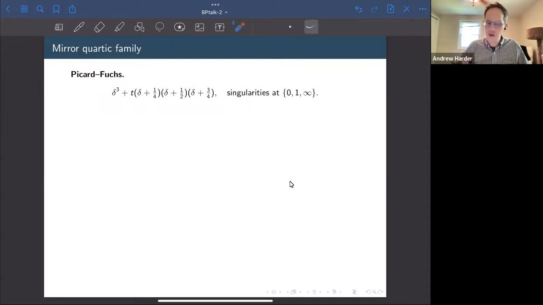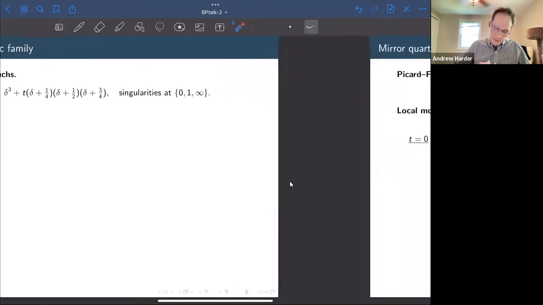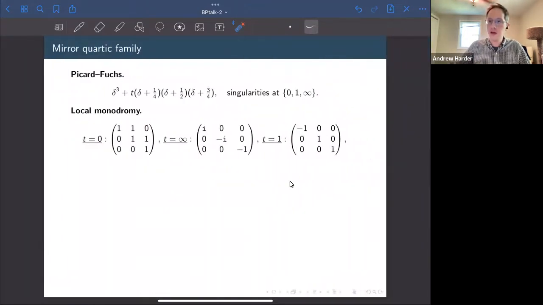Very standard, straightforward, and of course delta is just t d/dt. I can then compute the local monodromy matrices at the 3 points of interest, and I get this maximal unipotent matrix at 0, this order 4 matrix at infinity, and this order 2 matrix at 1. So this is a conifold monodromy, and this is an orbifold type thing.